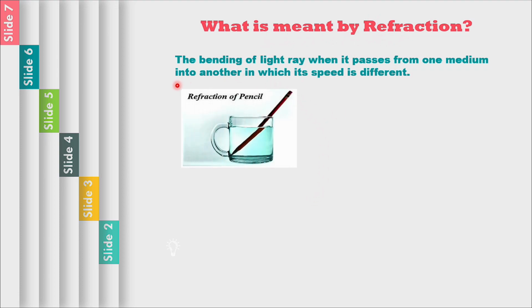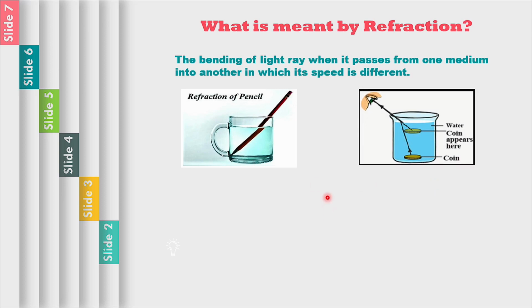Let us take one simple example. Take a cup of water, immerse a pencil in the water. Because of the refraction of light, the pencil appears to be bent, or in other words, it appears to be broken. Just observe the diagram.